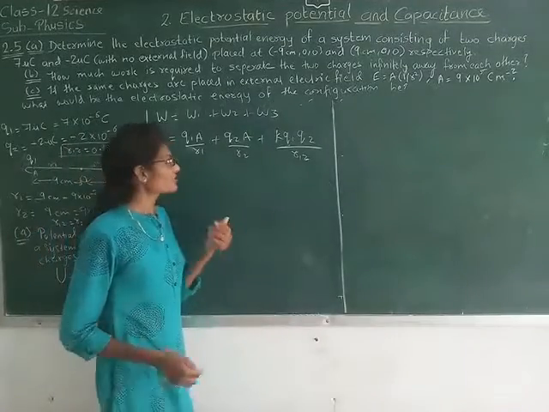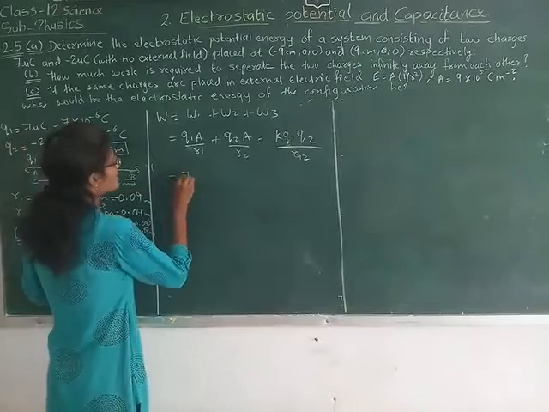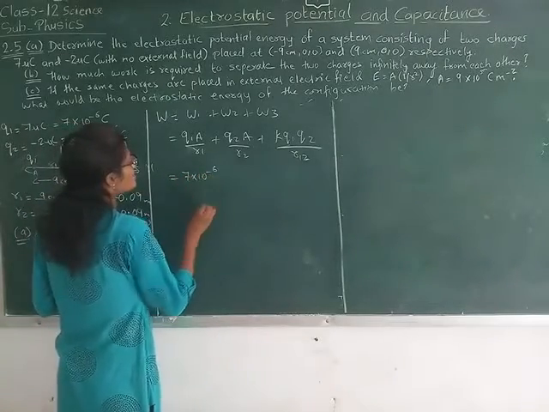Now let us substitute the values of these terms. Q1 is 7 into 10 raised to minus 6.